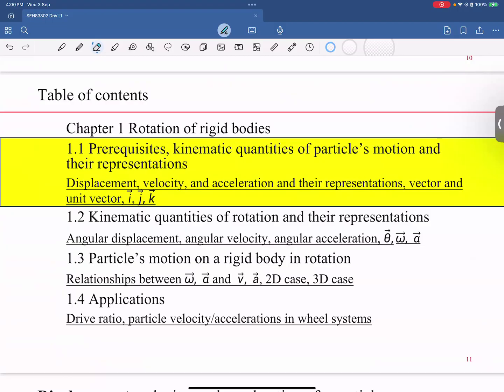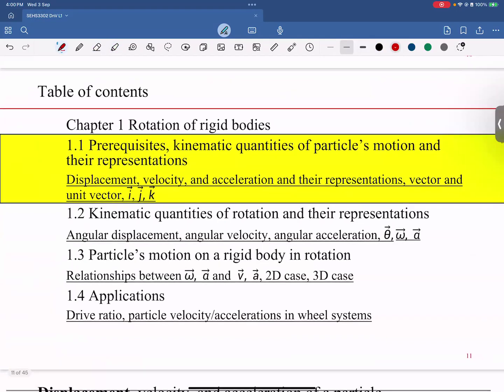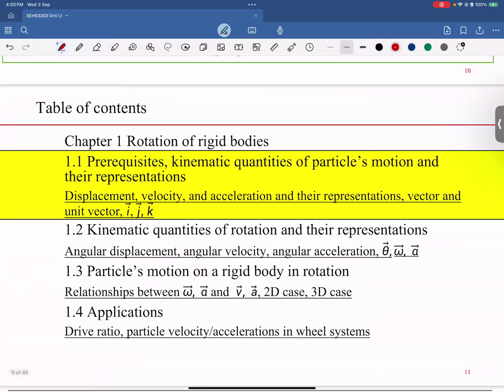Okay, so in this chapter, you will learn how to describe rotations. It's about their displacement, velocity, and acceleration in rotations.